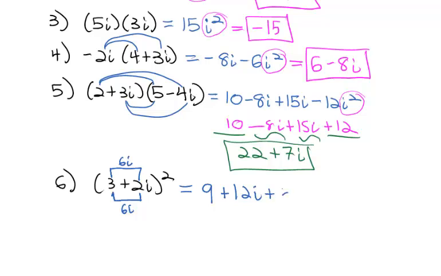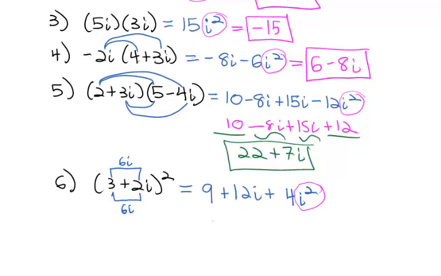Plus 2i times 2i: 2 times 2 is 4, and I times I is I squared. Again, we see the I squared.